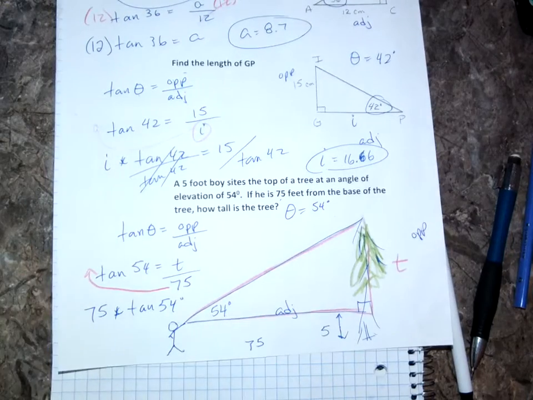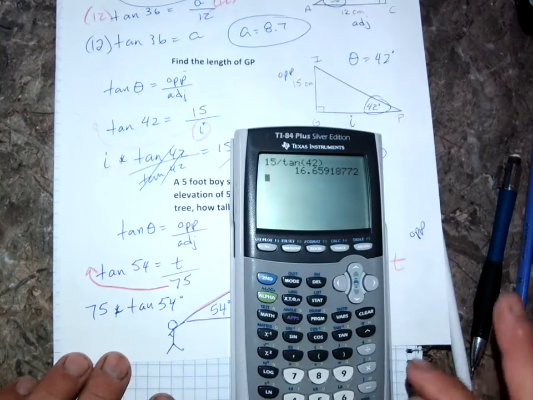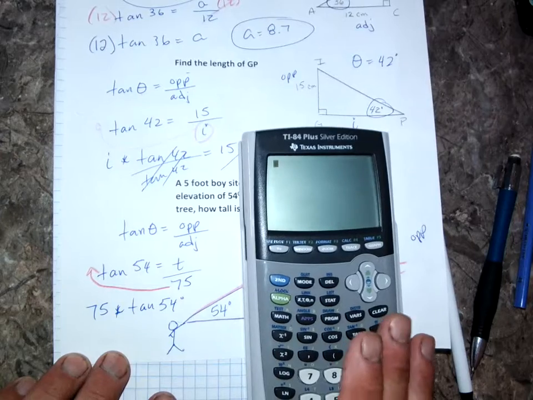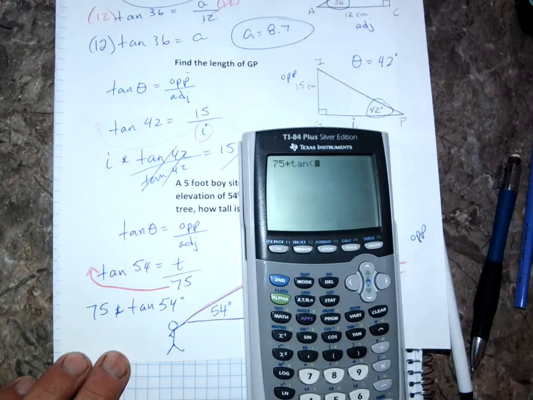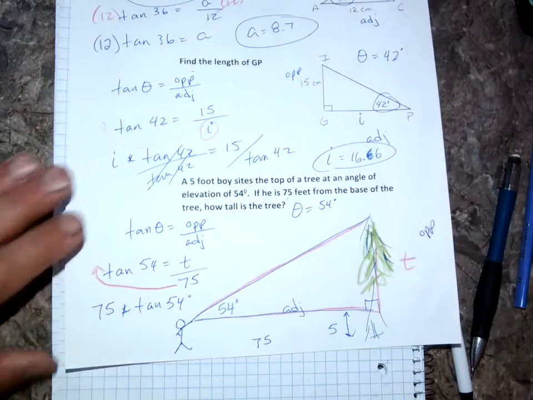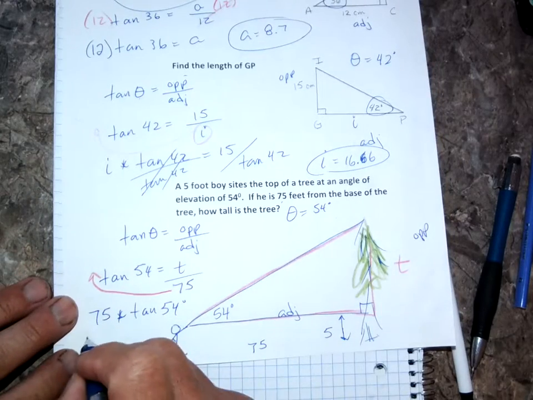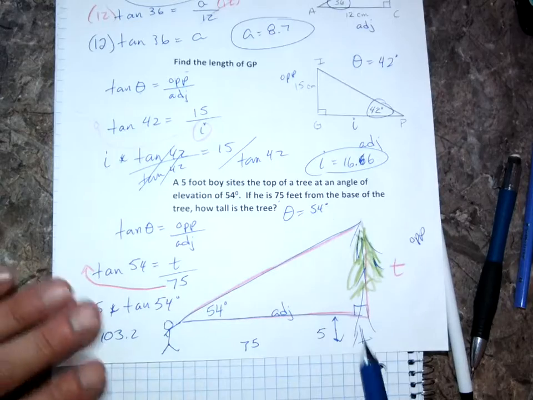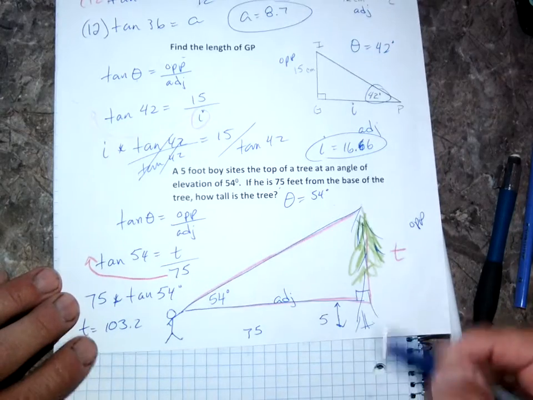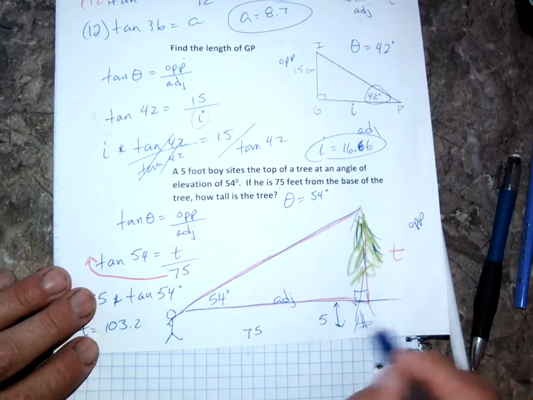I'm going to need my calculator to do it. I'm just going to type it in just like that. I'm going to go 75 times the tangent of 54. I get an answer of about 103.2. So the tree is about 103.2 feet. But I'm going to add in the 5 because that's from here, right?